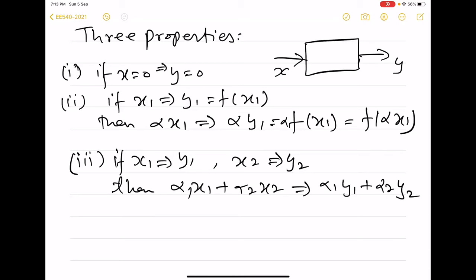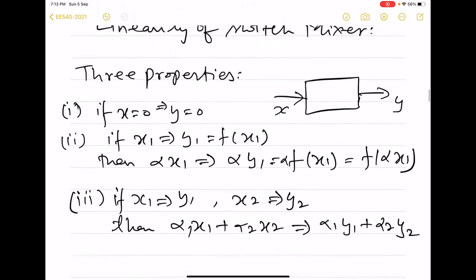So if these three conditions are being satisfied by this mixer, then we can say that this is linear.